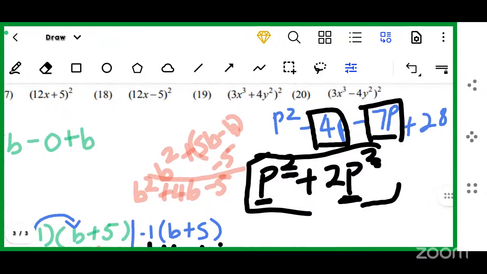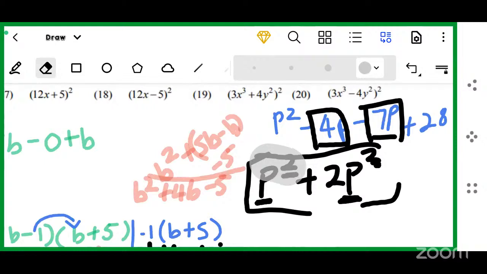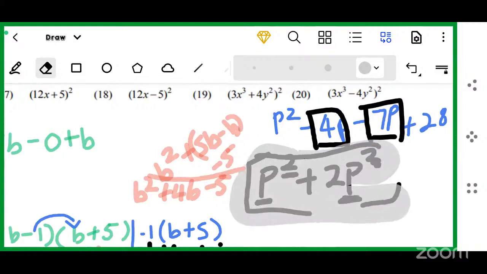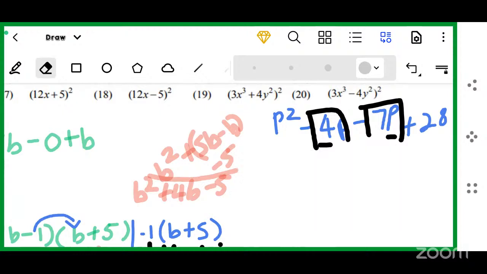As long as this one has a power of 2 and this one has a power of 2, these are regarded as like terms, right? For this one, you have your 4p and 7p. So think of pencils: 4 pencils, 7 pencils. But since we are dealing with negatives, you just hit it on your calculator and find the answer. What did you find as the answer for negative 4p minus 7p?